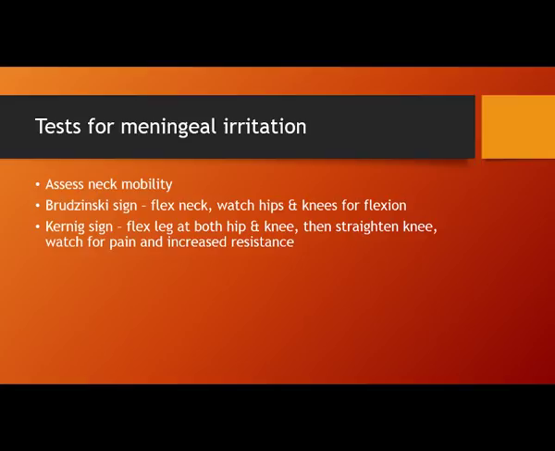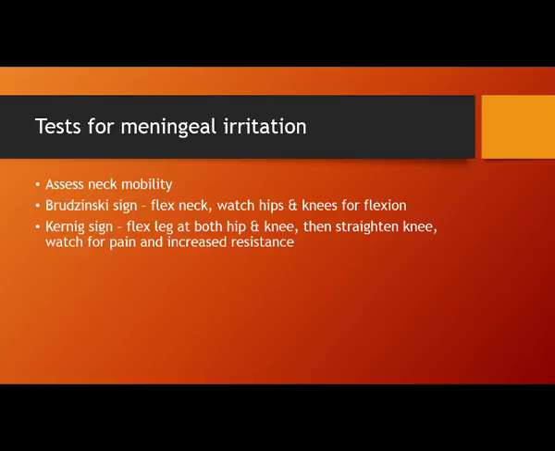And then for Brudzinski's sign, you flex the neck while you're watching the hips and knees. If the hips and knees flex in response, the patient will probably also complain of pain in the neck and the hips and knees. That would be positive for meningeal irritation.